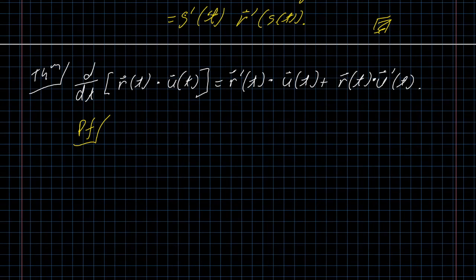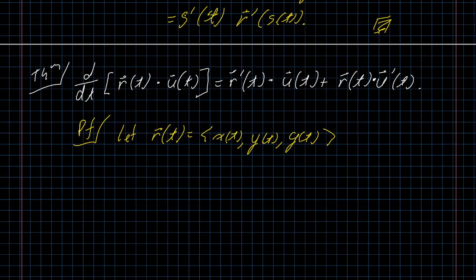There are a couple of ways you can prove this one. I think that the easiest is to think about r of t in its components. x of t, y of t, z of t is how we've been defining r of t.